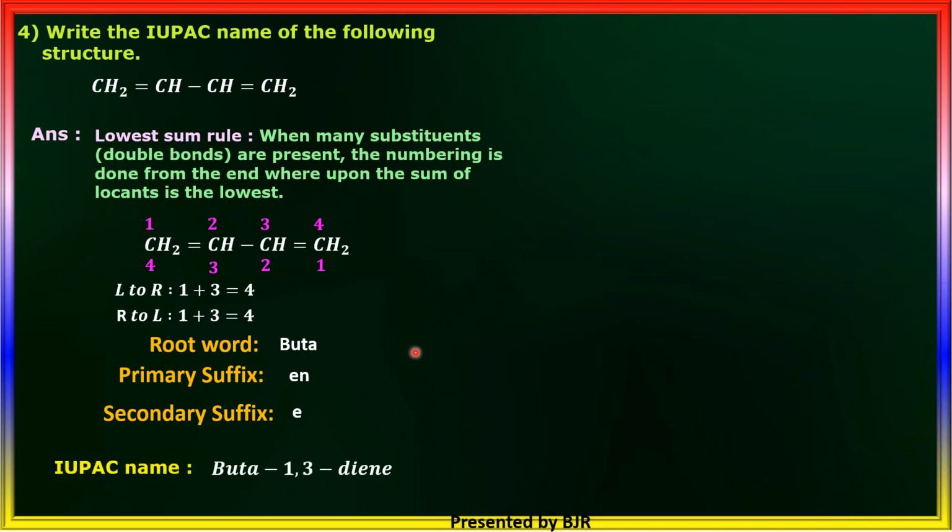So the IUPAC name is buta-1,3-diene. Buta, 1,3 are the numbers, and di is the numerical designation. So buta-1,3-diene.